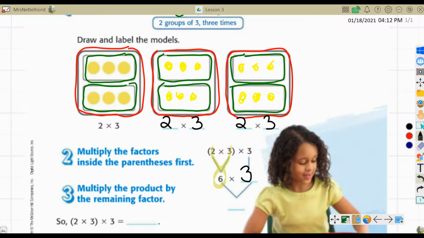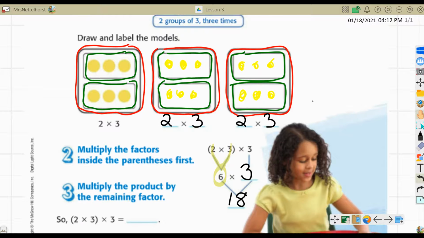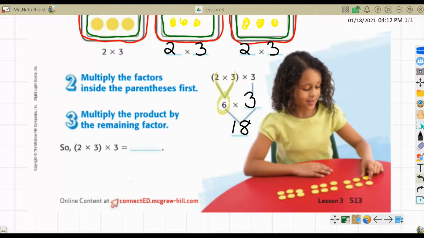And then 6 times 3 is 18. So I know that 2 groups of 3 times 3 is 18. I guess I didn't need to pick a new marker because it's the same color. So that's how that works. Okay, let's look at the next page.